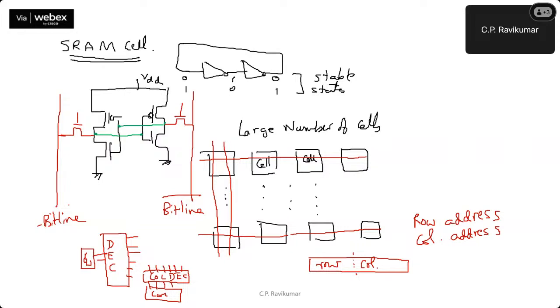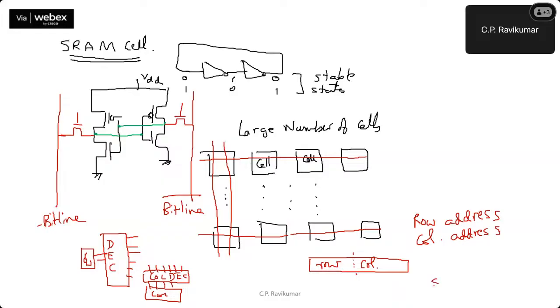The difference between the bit line and bit line bar has to be, quote unquote, amplified in order to correctly say whether the output is a 1 or a 0. So as a result, they use what are called sense amplifiers.